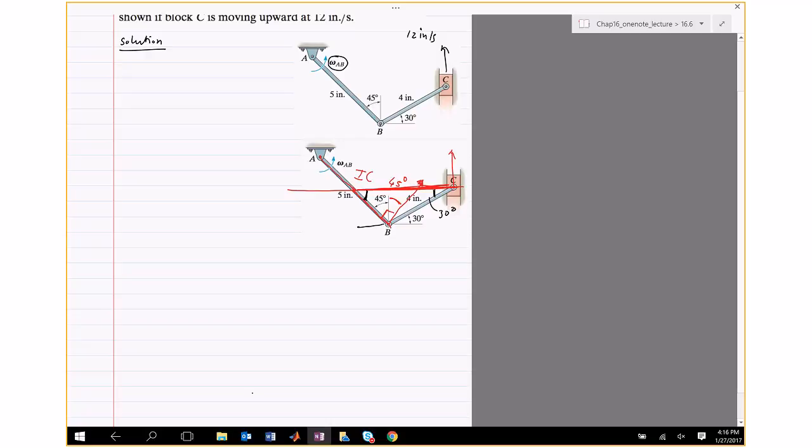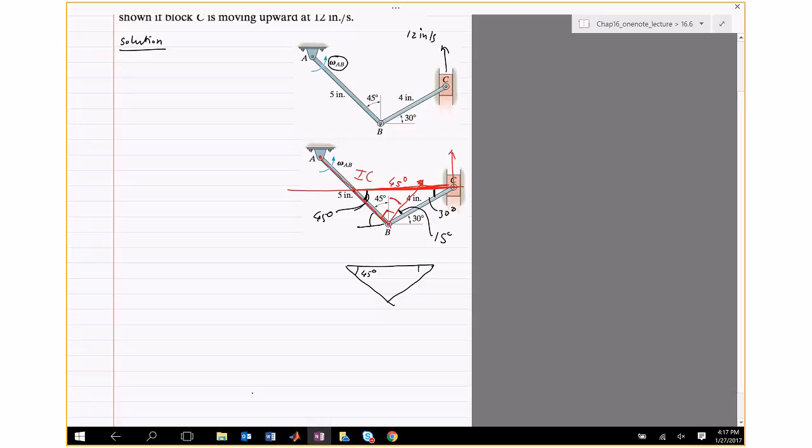Well, if this is 45, then this should be 45, which means that this angle should also be 45. If this is 45, this is 30, and this is 90, then this angle here is going to be 180 minus the sum of all the remaining angles. So it's going to be 45 plus 90, which is 135, plus 30 is going to be 165, which means that this angle here is going to be 15 degrees. So in other words, this is how the triangle will look.